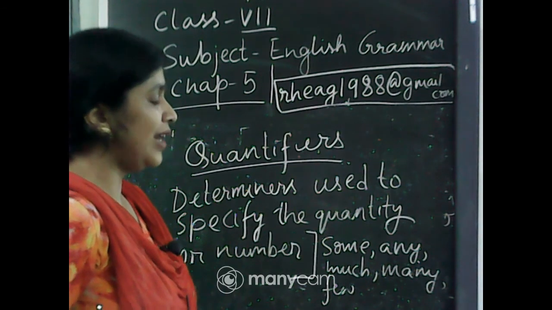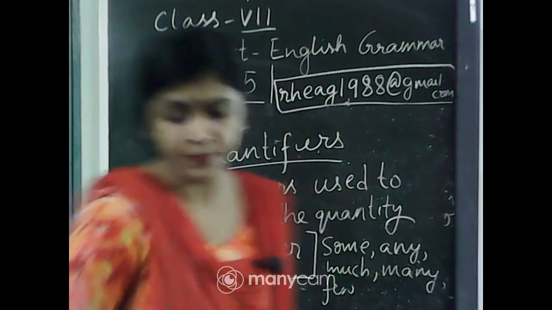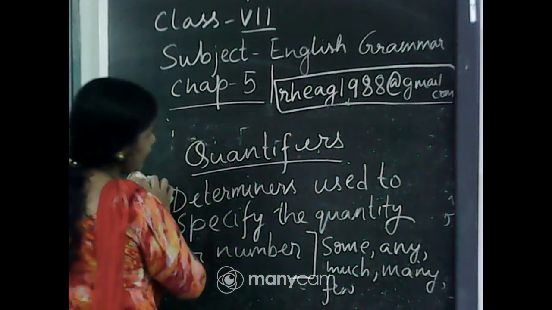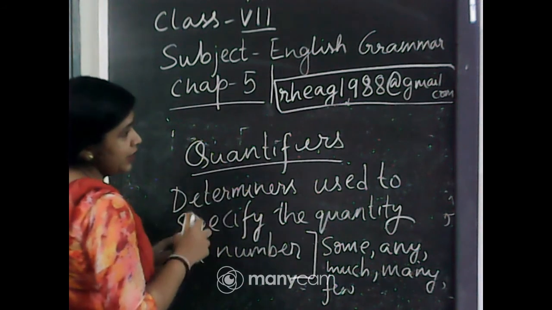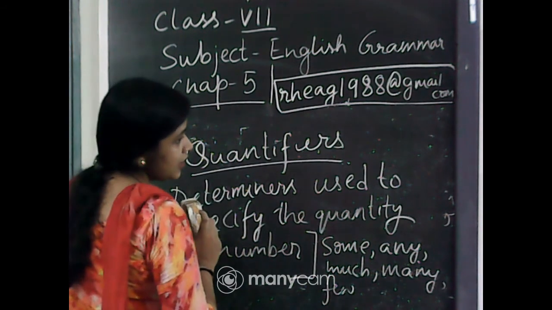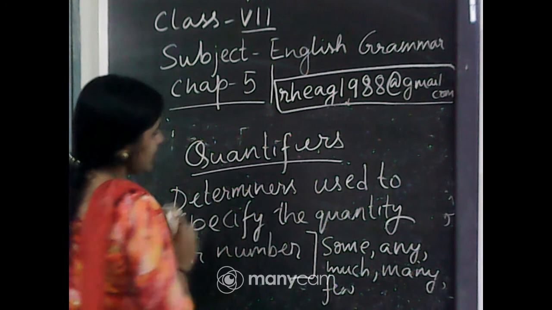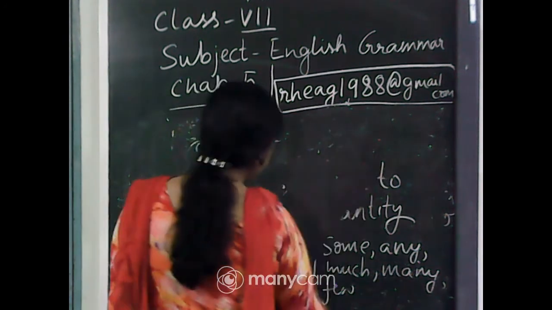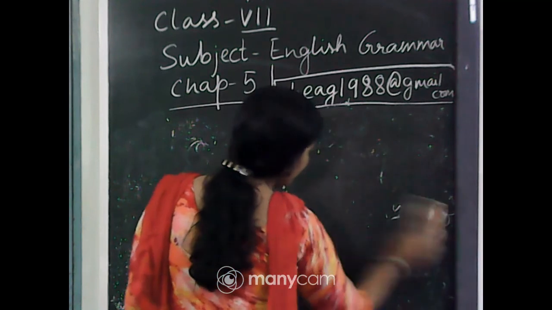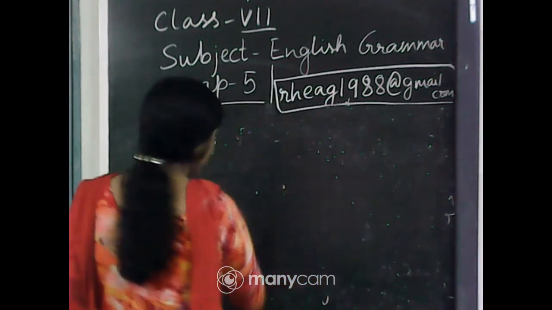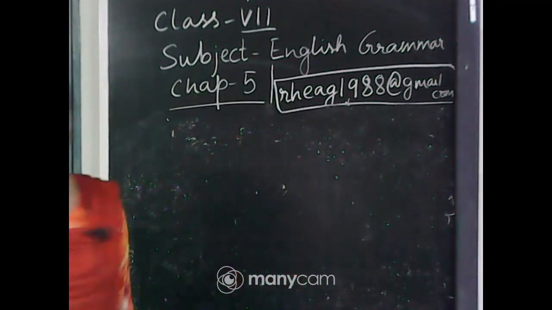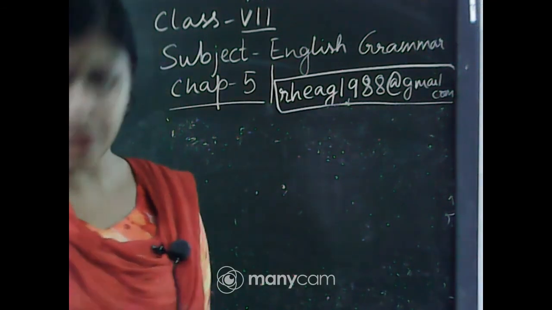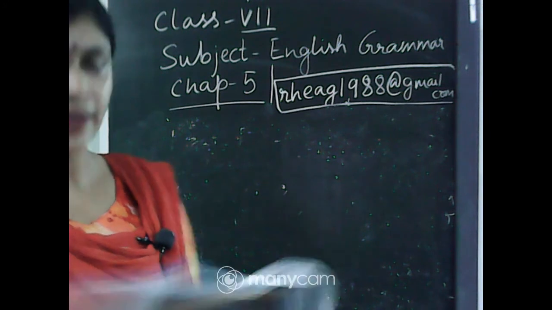So let us proceed to distributives. Quantifiers you have already done. Dildar, if you have not done exercise H, let me know, then I can tell you the answers of exercise H. If you have missed, you can ask me, I can tell you the answers.